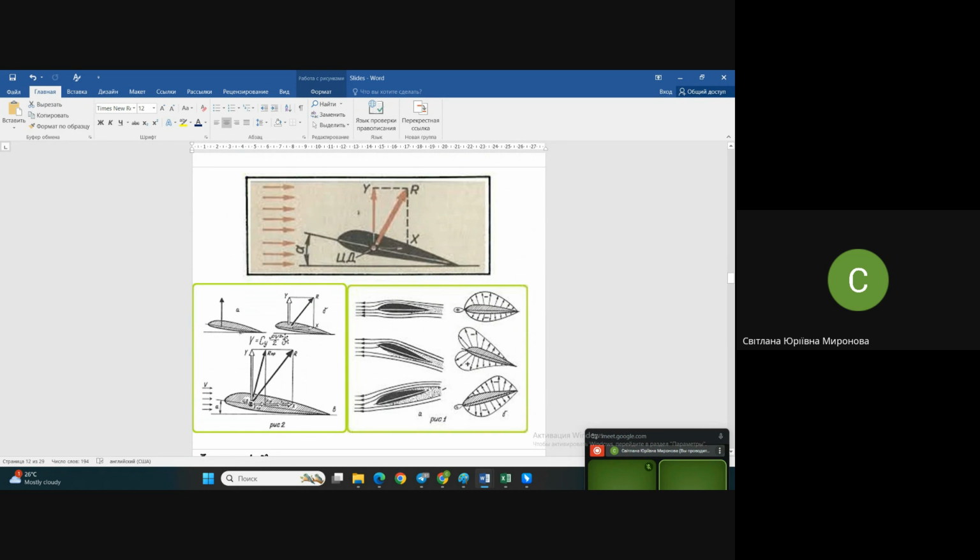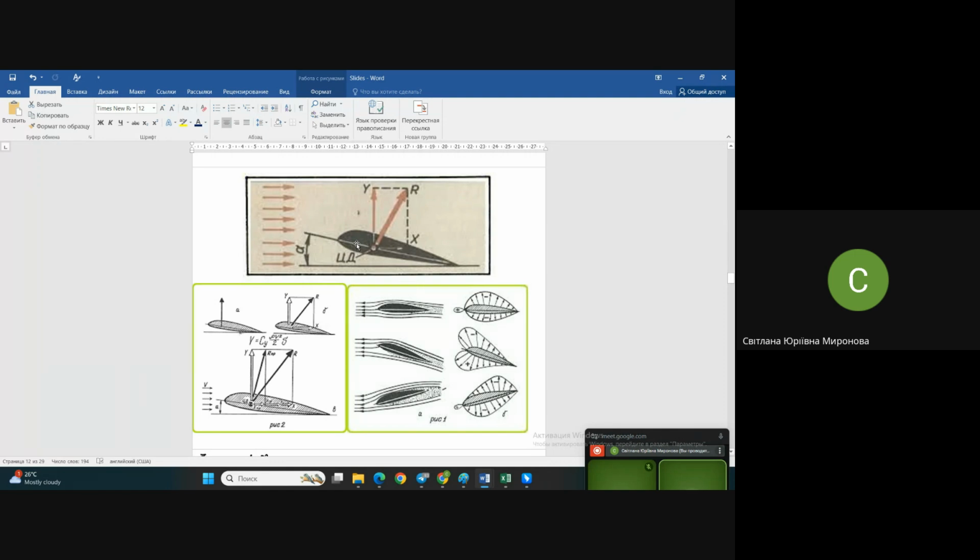And once again, the point where the resulting aerodynamic force is applied is the center of pressure. And the center of pressure is not permanent, it may change. But there is a point which is permanent for each profile.